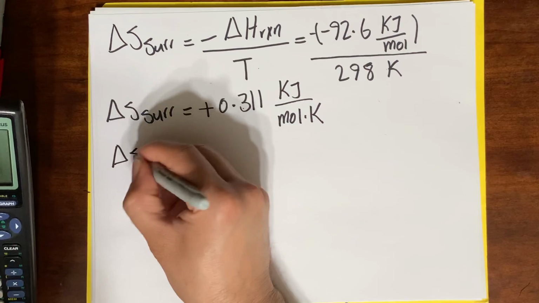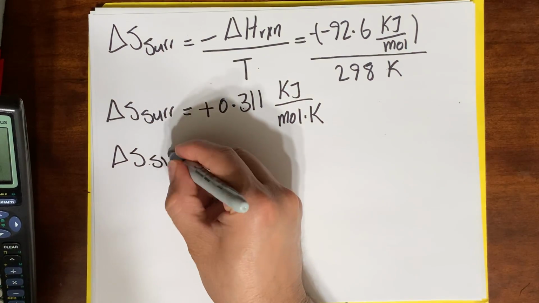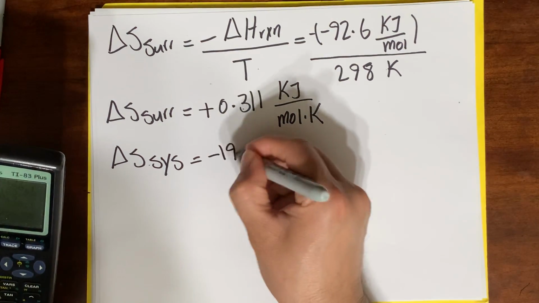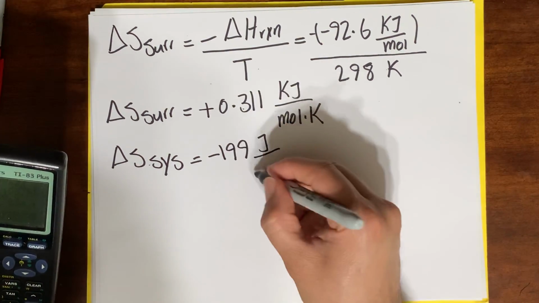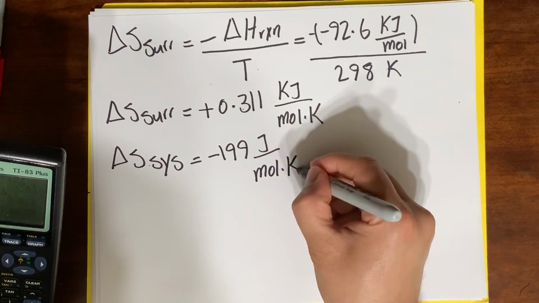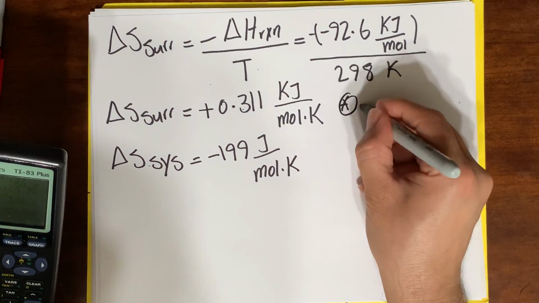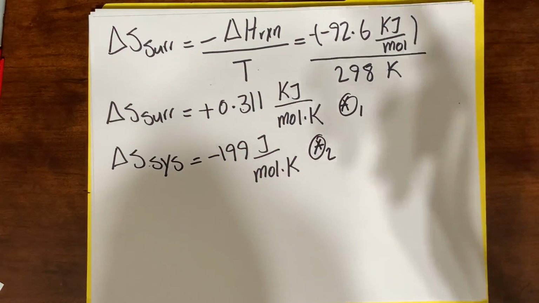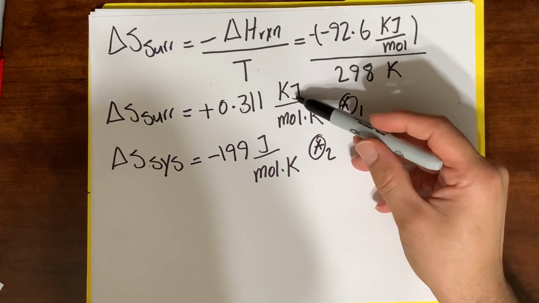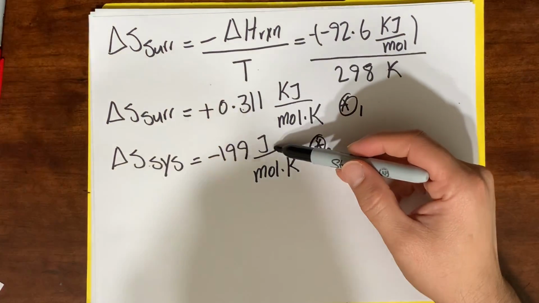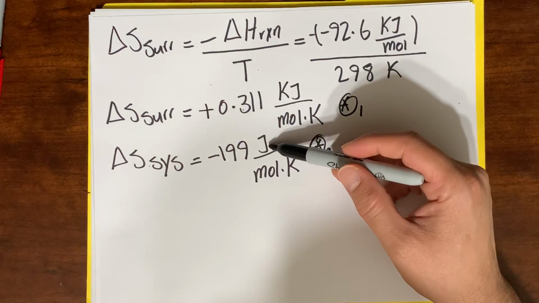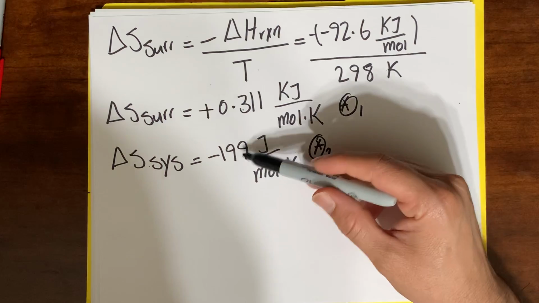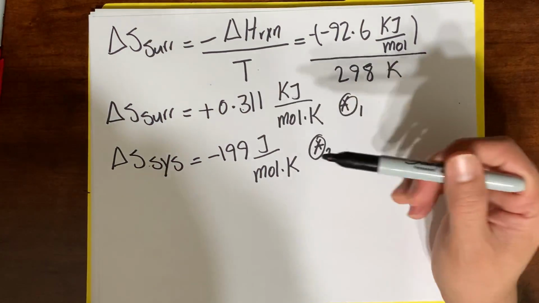Delta S of the system is given and is equal to minus 199, but the unit is joule over mole Kelvin. Please put a star and call it 1 here, put a star there, call it 2. You cannot add 1 to 2 because 1 is in kilojoule and the second one is 1,000 times bigger, because we multiplied by 1,000 to get joule.